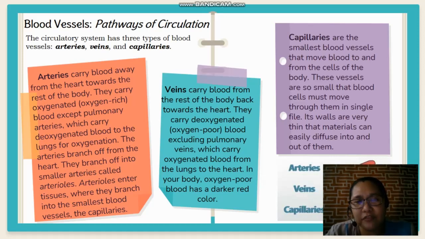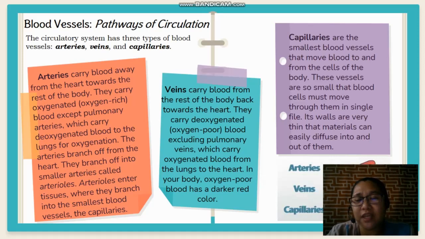The smallest of the blood vessels are called the capillaries. They move blood to and from the cells of the body. These blood vessels are so small that blood cells must move through them in a single file. Their walls are very thin so that materials can easily diffuse into and out of them.